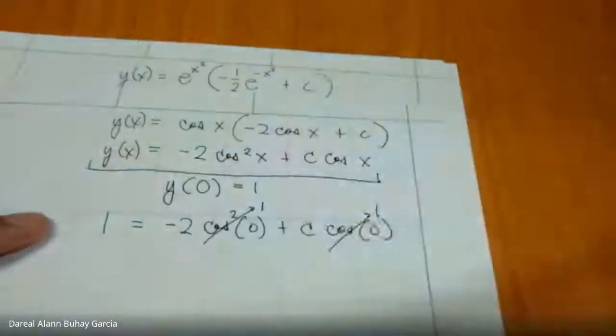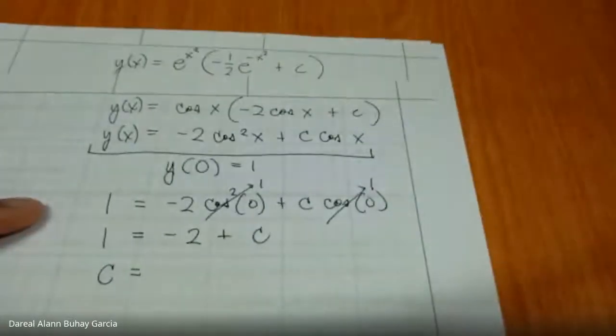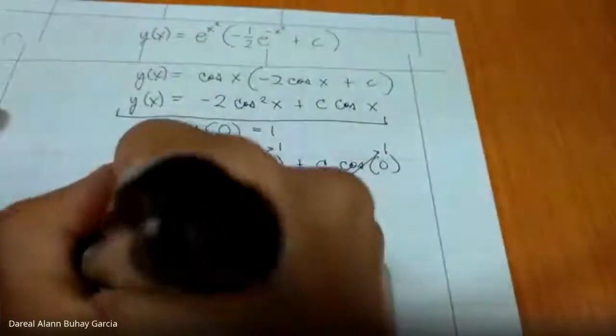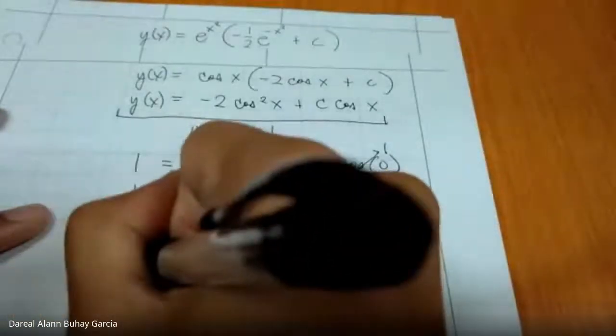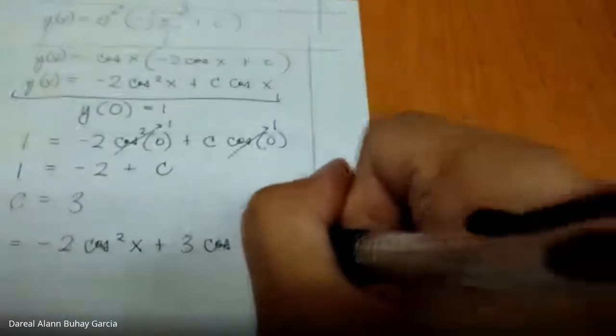So 1 equals negative 2 plus c. Therefore, c is equal to 3. Final answer, just replace c by 3. Y of x is equal to negative 2 cosine squared x plus 3 cosine x. Final answer.